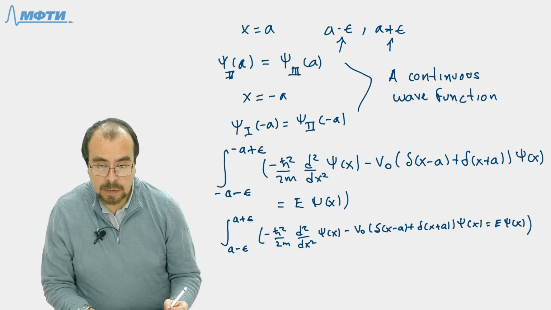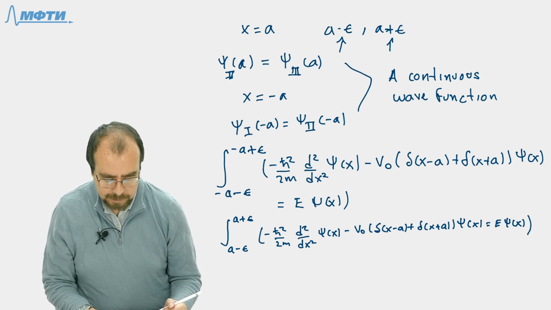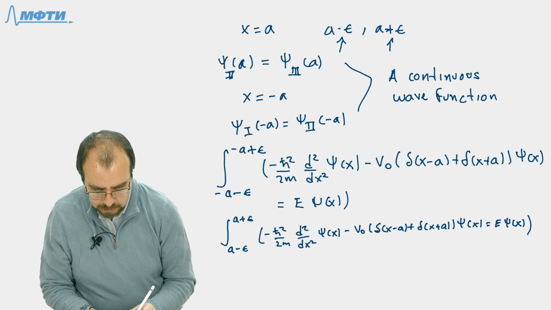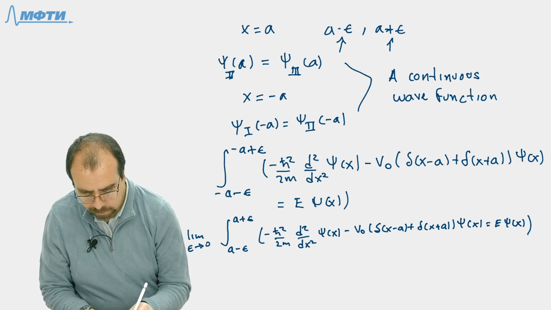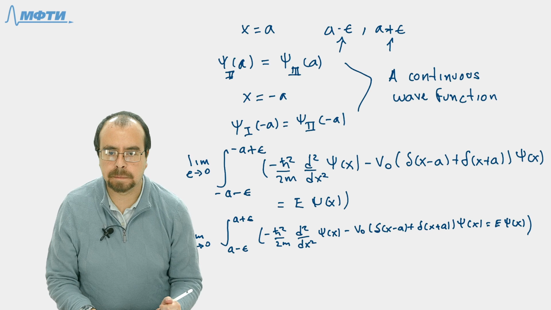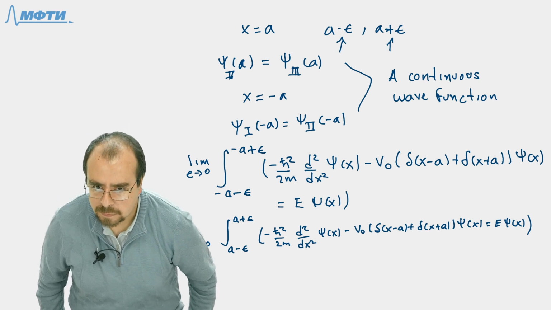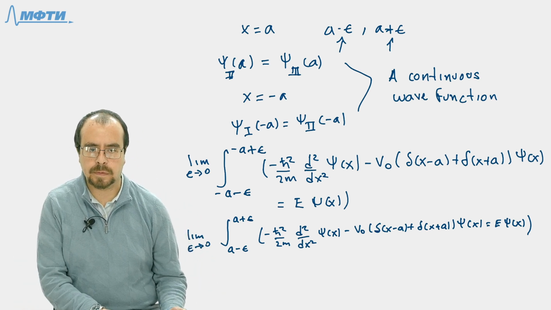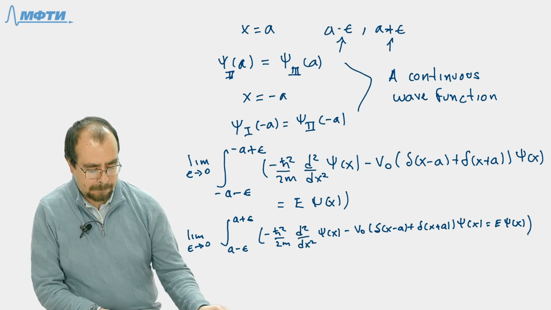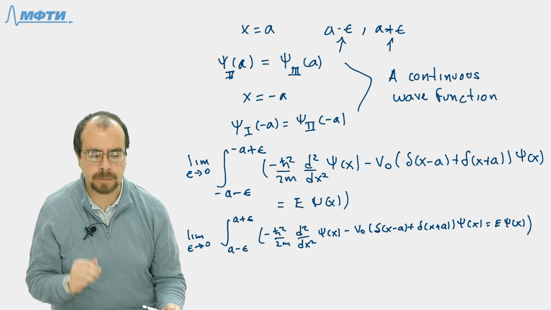When we get these integrals, we will take the limit when epsilon goes to 0, and then we can obtain the expression for the discontinuity of the derivative.